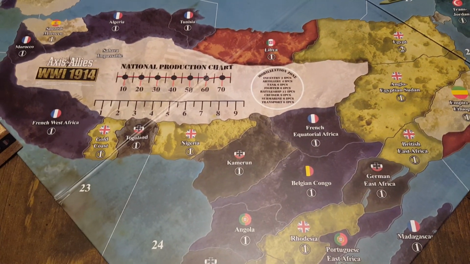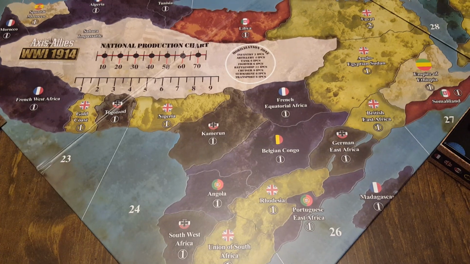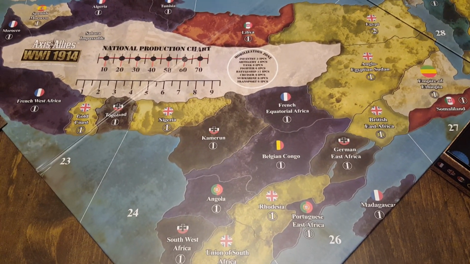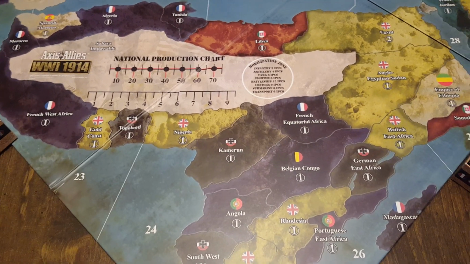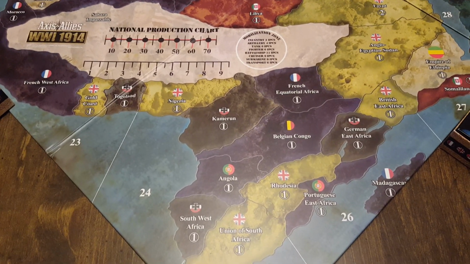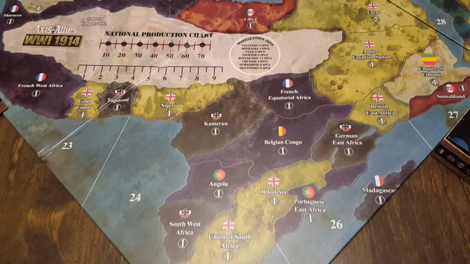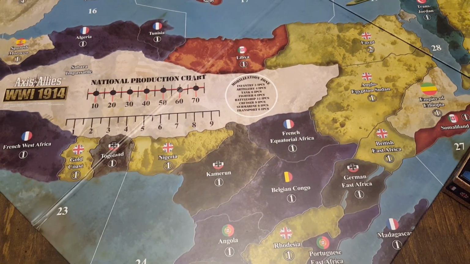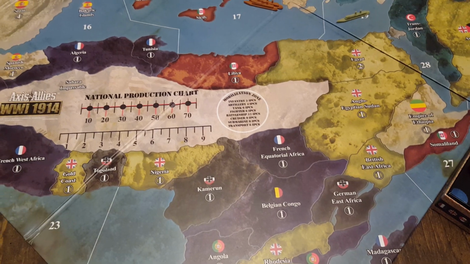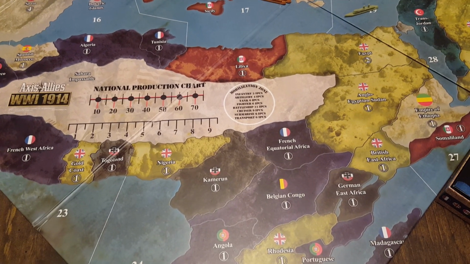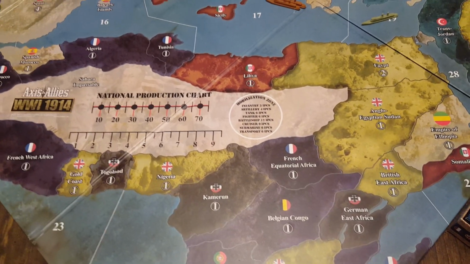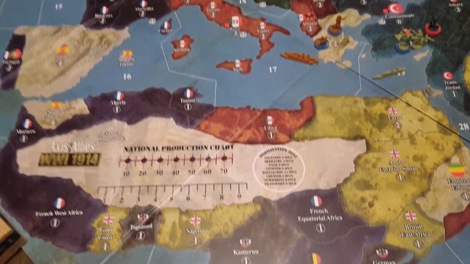So as far as the colonies go, both powers are able to move through these colonies and conquer them with impunity. They do not bring neutrals into the war. They do not add any additional forces to Africa running around. You can just gobble those up as you are able, as you see fit, with no negative repercussions, at least as far as neutrals go.